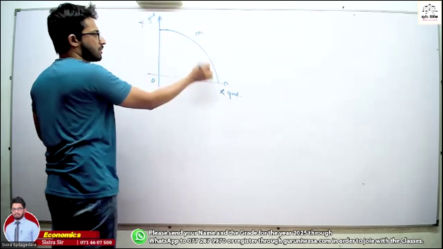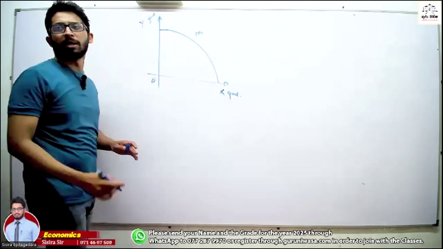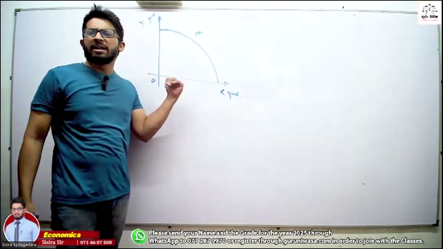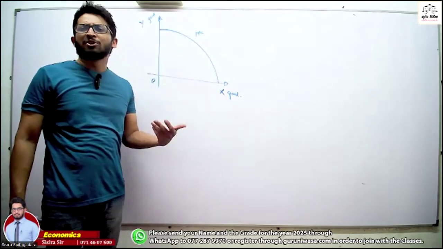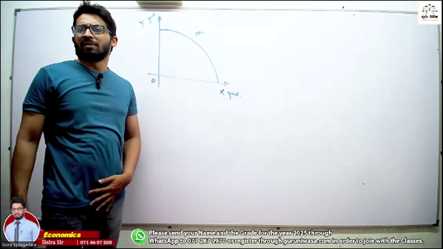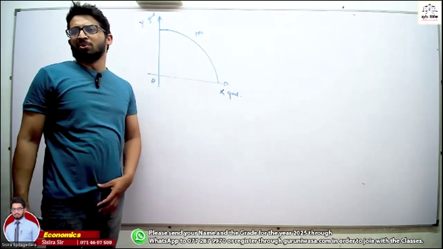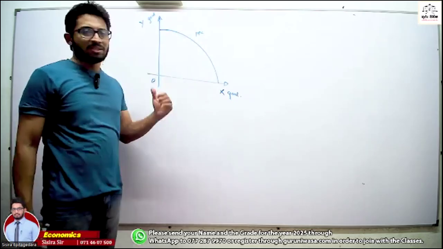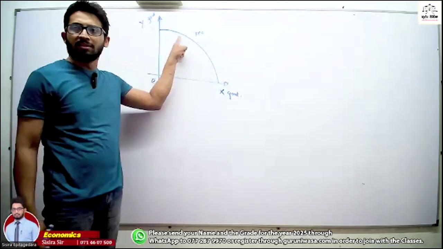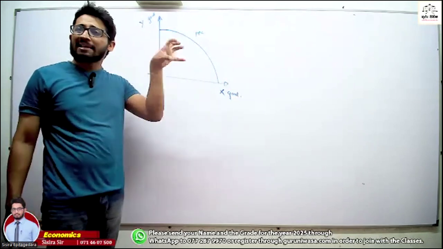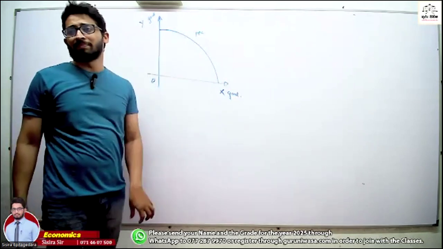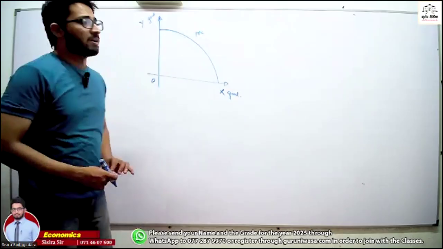The production possibility curve shows the maximum production limit. This is the maximum limit that the economy can achieve. The economy is not able to go beyond that, right? Using all its resources, the economy can achieve this level. This line shows the maximum production capacity.